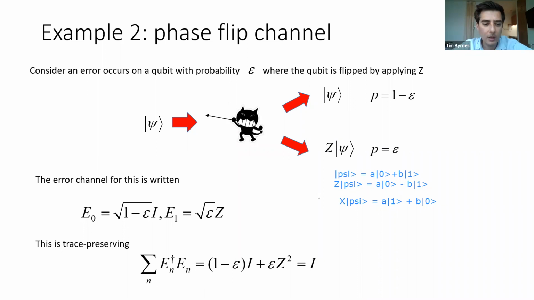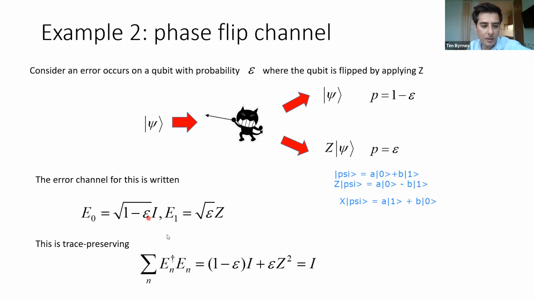So the error is the same, except that instead of x, it's actually z. When the error occurs, we apply the z operator to this state, and otherwise nothing happens. It's identity. In terms of the trace preserving nature, you can verify that just like before.